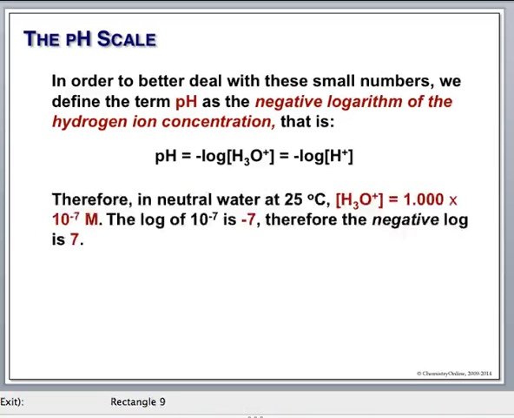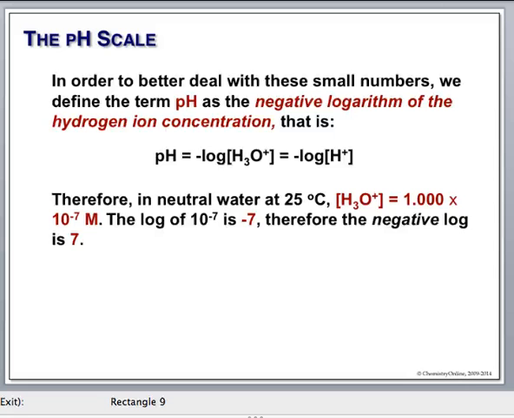All right, let's say we're dealing with neutral water, 25 degrees. We said in neutral water, we always have hydronium and hydroxide, don't we? And they're always 10 to the minus 7 molar. What's the log of 10 to the minus 7?